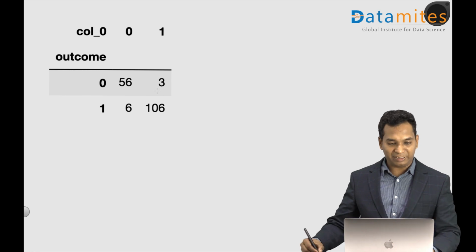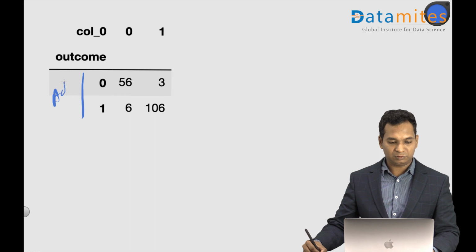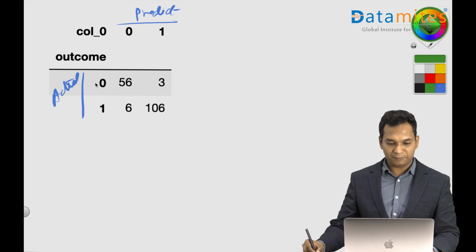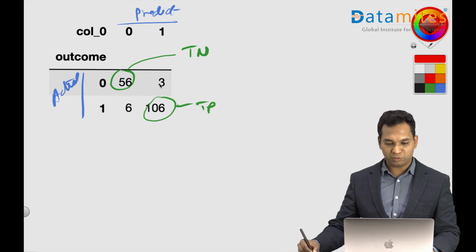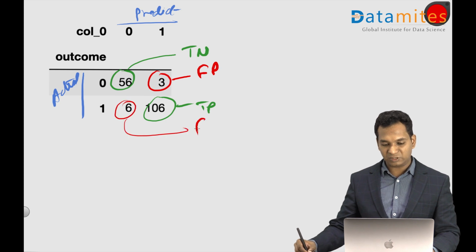I haven't really prepared for this, so a bit of repetition is happening here. Apologies for that. So this is your true negative, true positive, and this is your false positive, this is your false negative.